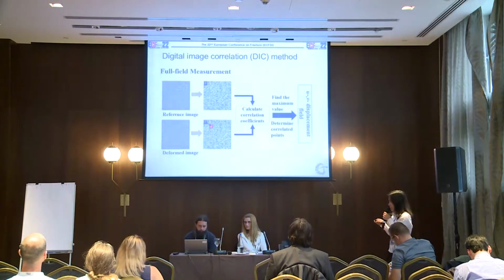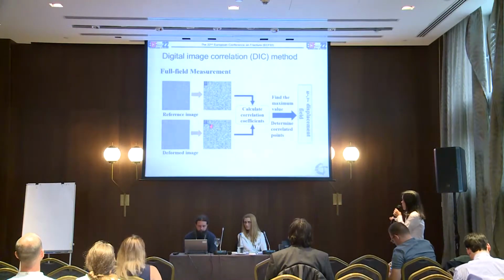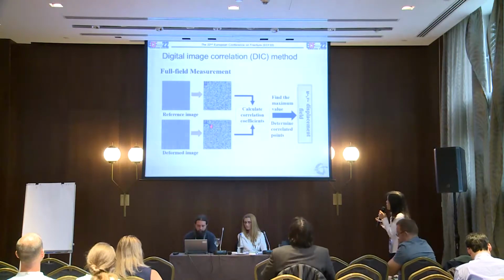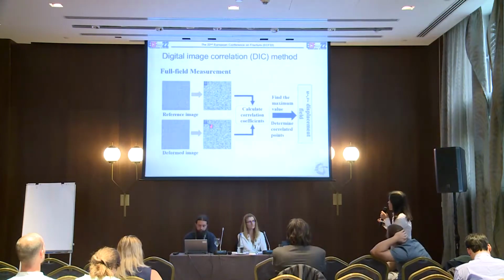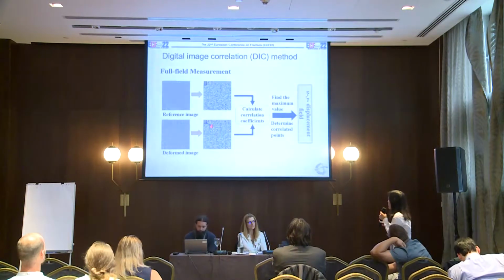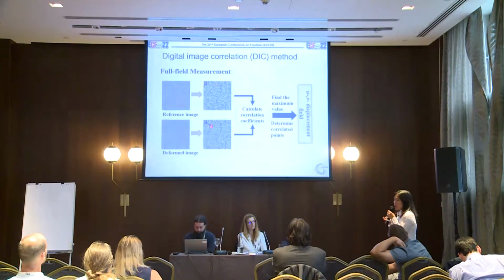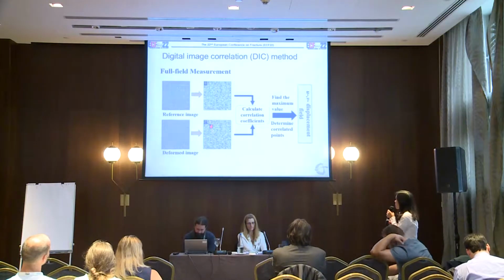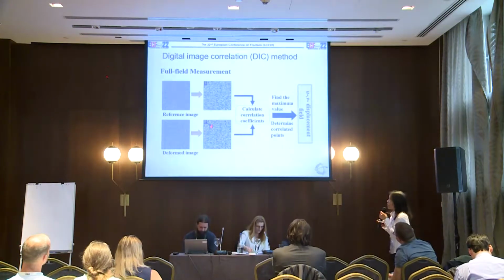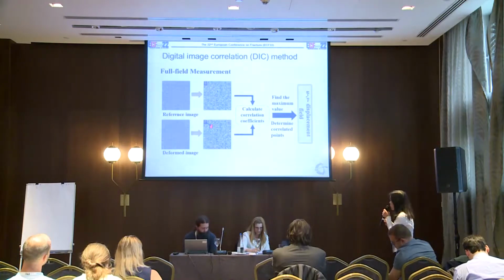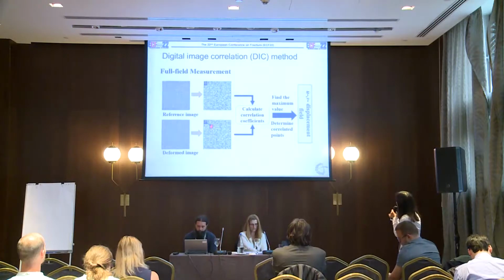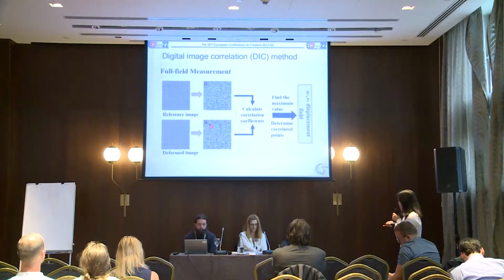For the full-field measurement, we divide the deformed image into several sub-images. We calculate the correlation coefficient and find the optimal value of the coefficient. Then we determine the correlated point between the reference and deformed images, so we can determine the U and V displacement fields.